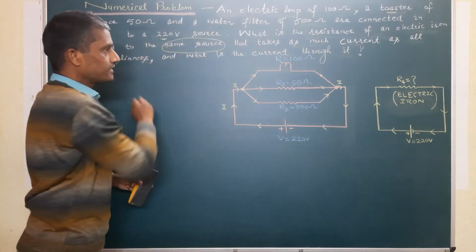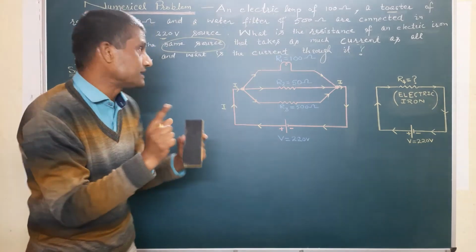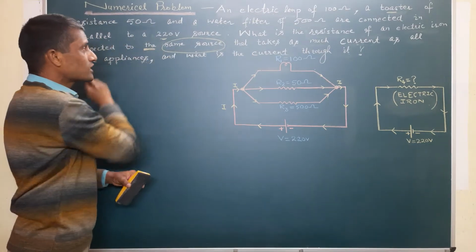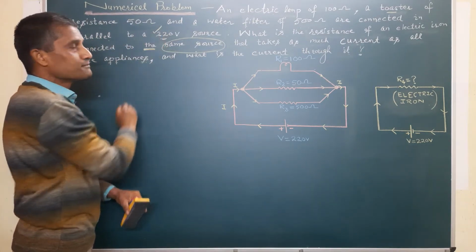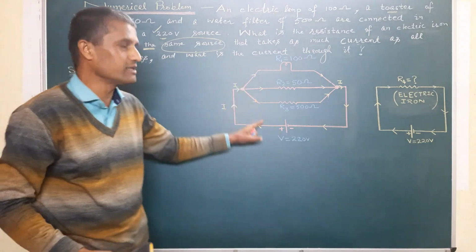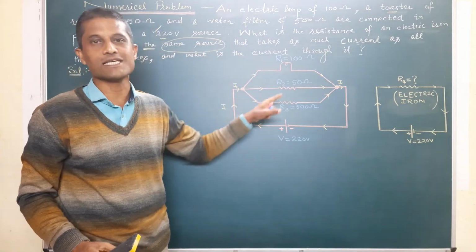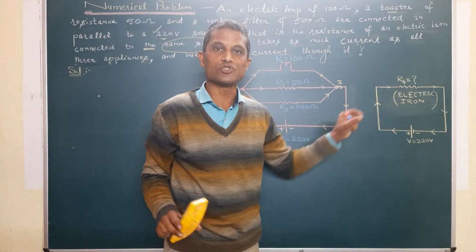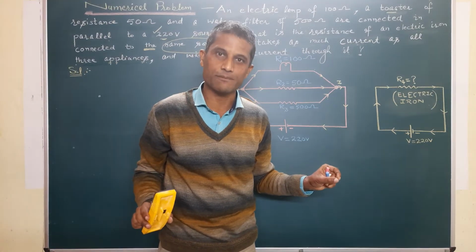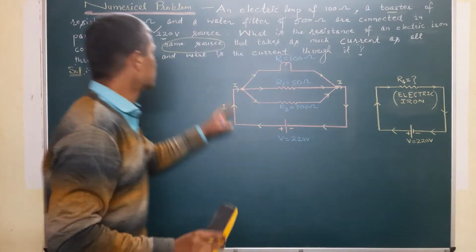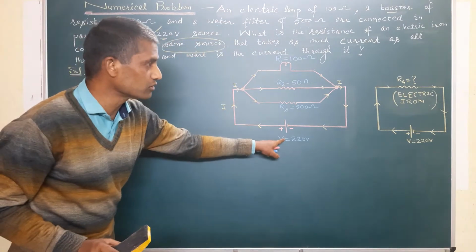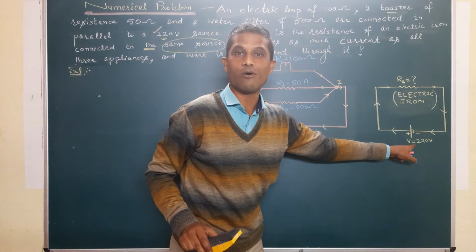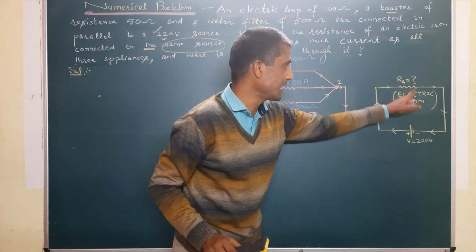An electric iron which is connected to the same source means the source that was used earlier is going to be used with respect to the electric iron. Source means potential difference. The same source means it was earlier 220 volt, and the same it is going to be in the case of the electric iron.